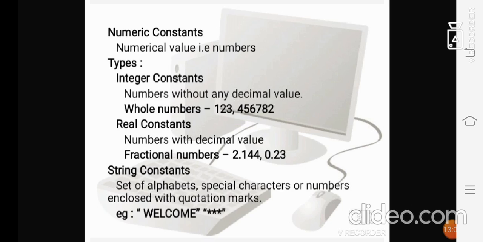For integer, it is whole numbers, but for real, it is fractional numbers. String constants are a set of alphabets, special characters or numbers enclosed within quotation marks. For example, "welcome". You need to use quotation marks on both sides.